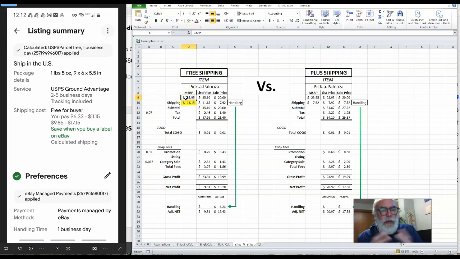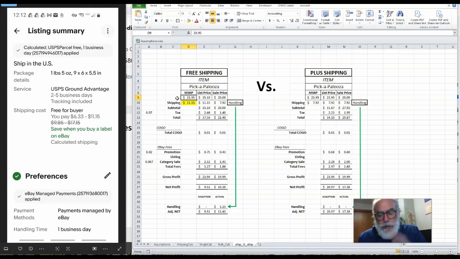Now, in order to sell that item, you want to make a certain profit margin. And in order to make that certain profit margin, you have to establish the price you're willing to let it go for or to sell it for. And that is typically called the MSRP. Now, not everybody goes by the MSRP.